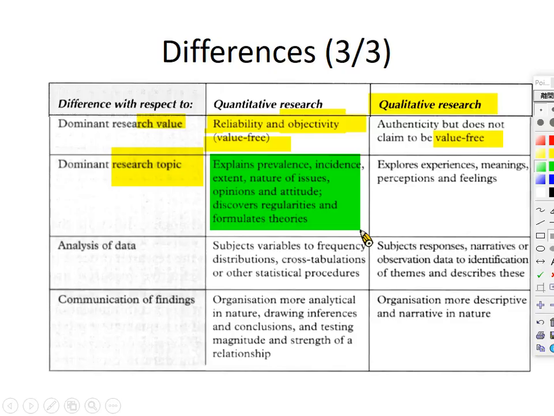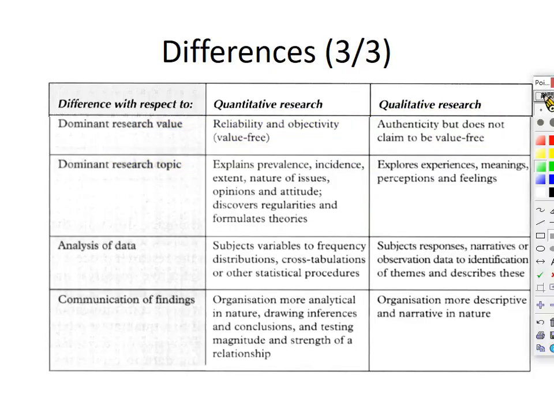But instead of numbers, if we are trying to describe something, any topic that needs to describe experiences, meanings, perceptions, and feelings, then qualitative research is very suitable for this sort of topic. But look at one very simple difference between the two sets of wording here. Experiences, meanings, perceptions, and feelings.